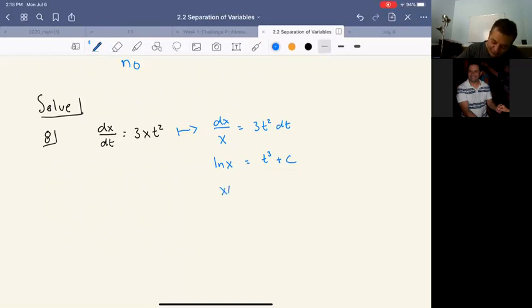So x of t equals some constant times e to the t cubed. And now I can give a name to this constant because x of 0, when t is 0, e to the 0 is 1. So I'm going to say x of t is x0 e to the t cubed. Okay?